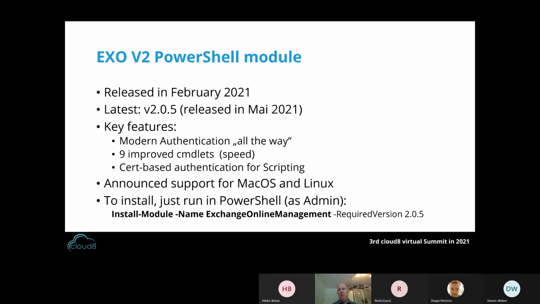If you remove the required version, it would install the latest one anyway. But to make sure that you have the latest one installed, use this cmdlet. And what are the key features? It's the nine improved EXO cmdlets.